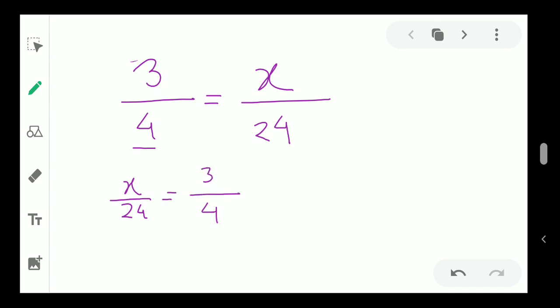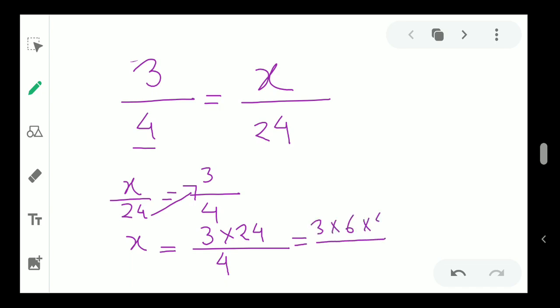If I write x here, then 24 goes to the other side; it was in the denominator, so it will go into the numerator. So I can write 3 into 24 by 4, and if I simplify this, it will be 6 into 4 by 4, so 4 and 4 I will cut and I will get 18. So this is another method in which we can use algebra to find answers in this kind of situation.